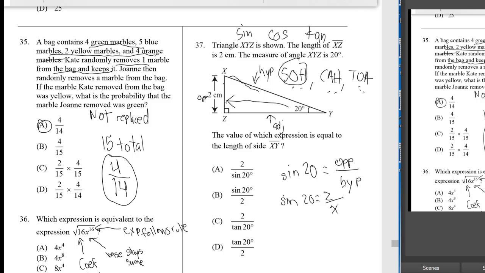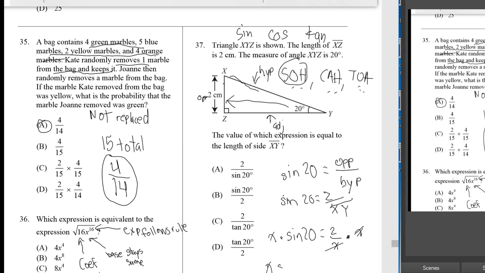Because this is really side xy, or sine 20 is equal to 2 over x, where x is really equal to side xy. Okay, but I'm solving for x in this case. So how I would do that is I would multiply both sides by x first to get x on the other side and isolate it.